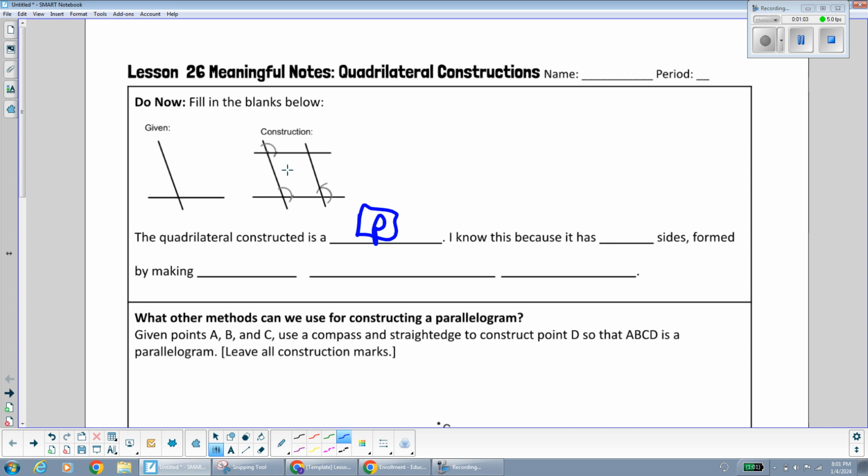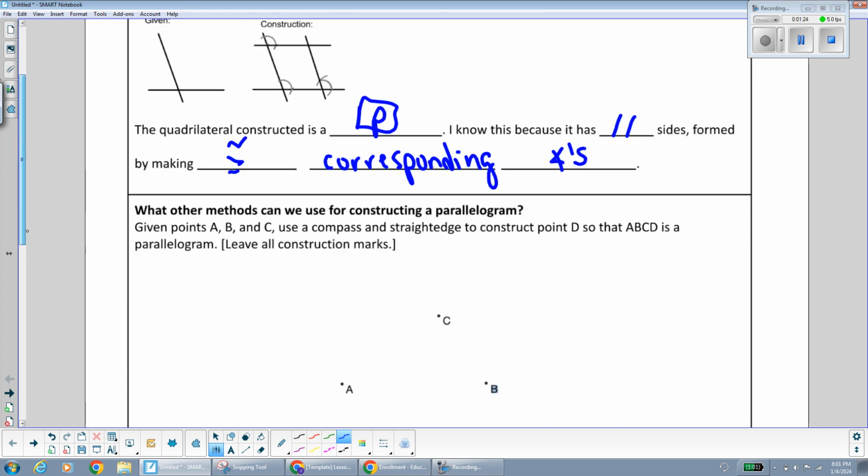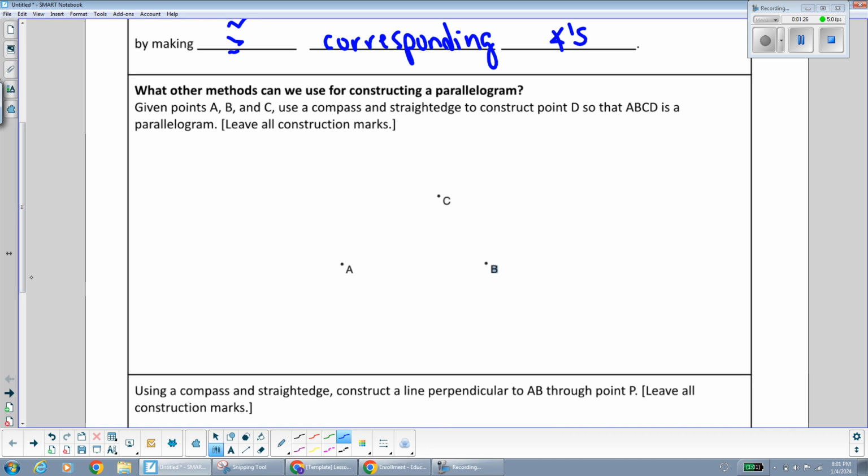And since we have congruent corresponding angles, these lines are also parallel. So the opposite sides are parallel, formed by making congruent corresponding angles in the construction.